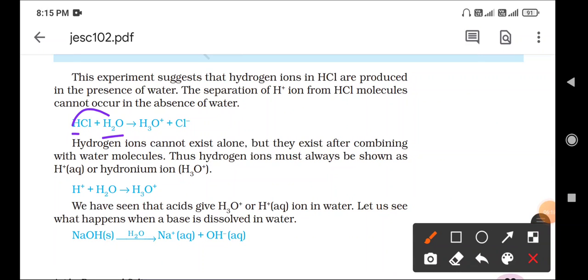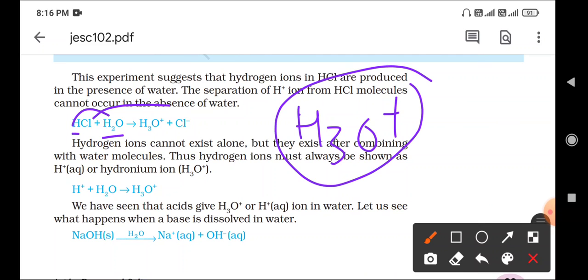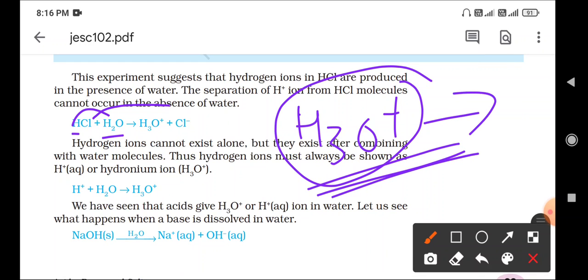The H plus combines with H2O to become H3O plus, and chloride is liberated separately. So because of the water molecules, the hydronium ion is formed. If water molecules are not present, there is no liberation of hydronium ions.